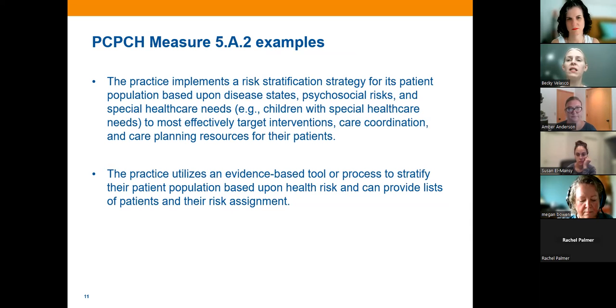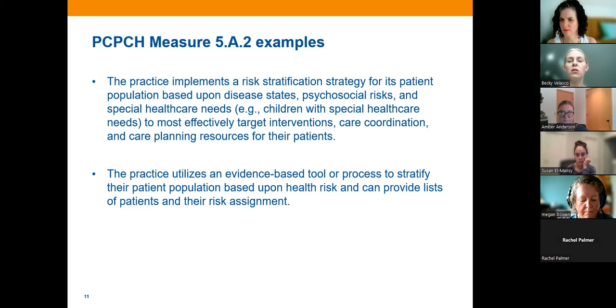Here are a couple of examples of activities that demonstrate successful implementation of Measure 5A2. The practice uses a risk stratification strategy for its patient population based upon disease states, psychosocial risks, and special healthcare needs, such as those of children with unique healthcare needs.